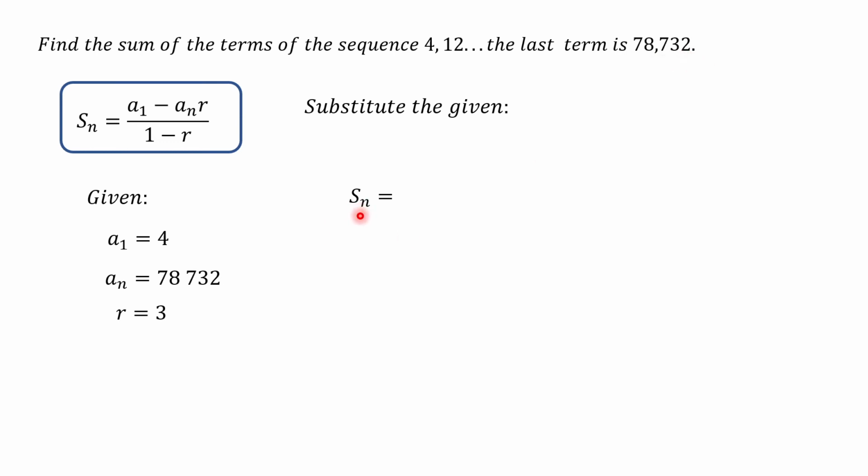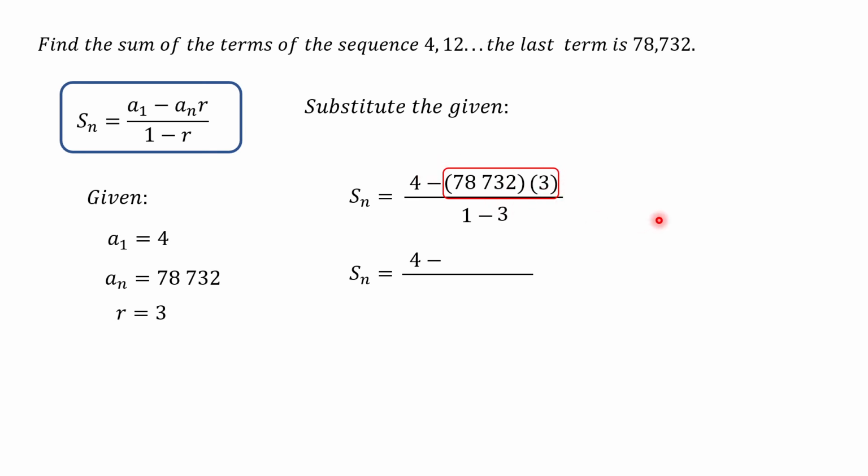So, we just put S sub n is equal to first term, which is 4, minus A sub n, which is 78,732, multiplied by R, which is 3, over 1 minus R. Yung R natin ngayon is the same, 3. So, again, unahin natin yung mga nasa parenthesis, PEMDAS. So, Sn, ito. So, that is Sn is equal to 4 minus, multiply natin to.